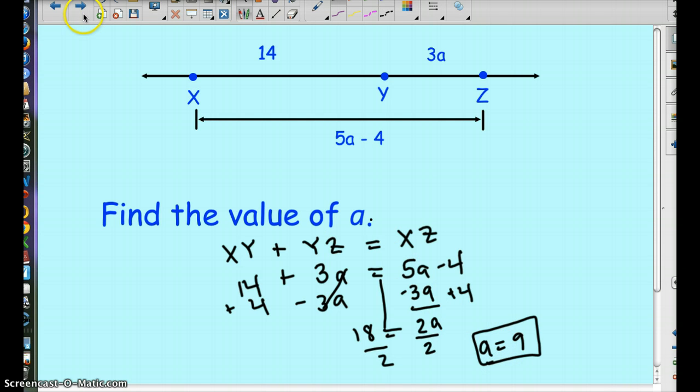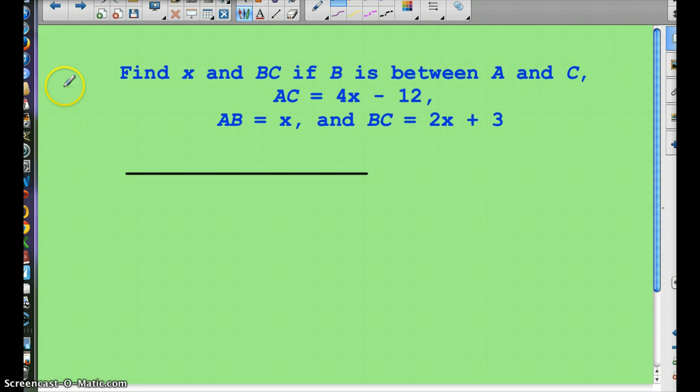Alright, let's move on to one more example. Now this one you have to draw your own line. You have to draw your own picture. So I'll read the directions, then I want you to pause the video and see if you can draw your own picture here and find X and BC. When we have our assessment, I know we're going to have to find two parts when we have a problem like this.